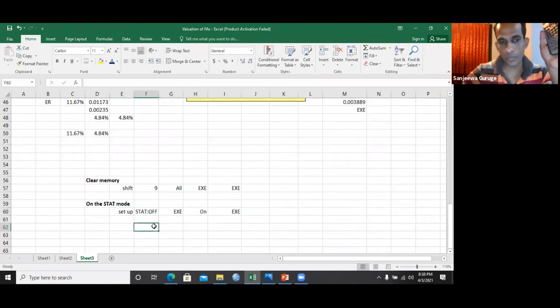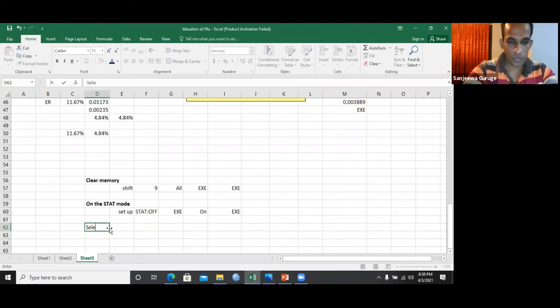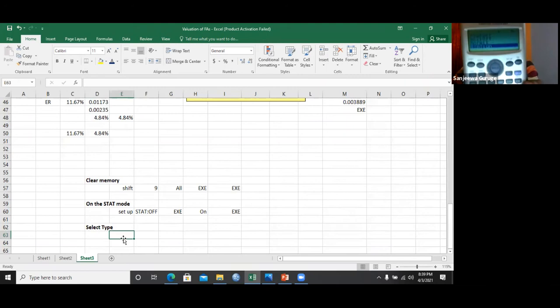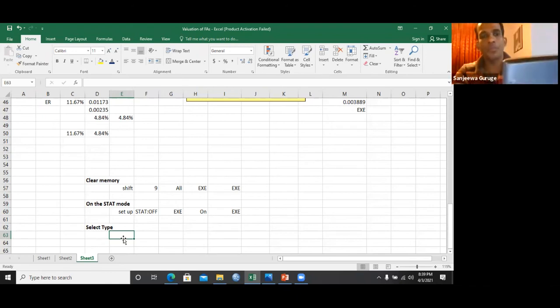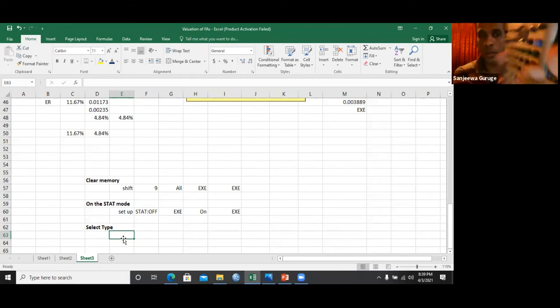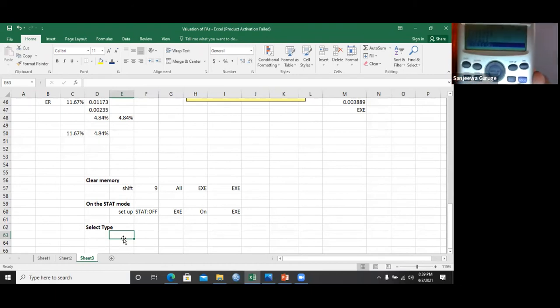The next step is to select type. After you turn on the stat mode, you have the screen this way. There is a stat button just below the solve button.